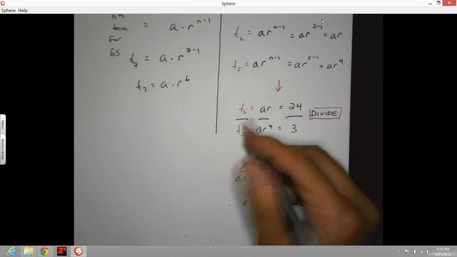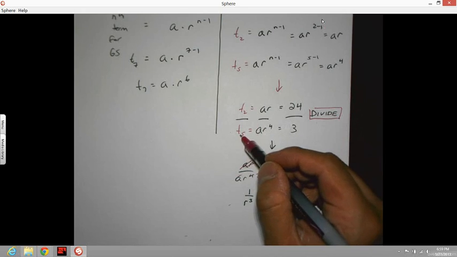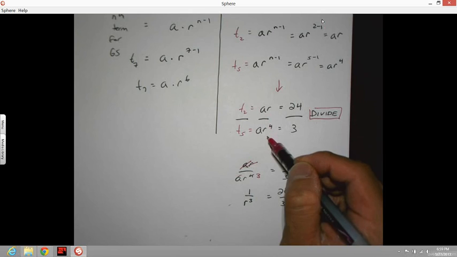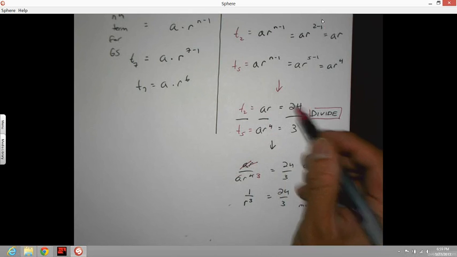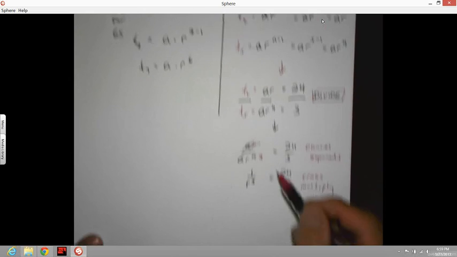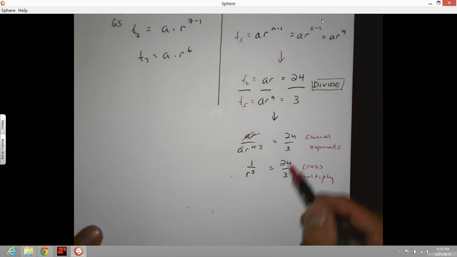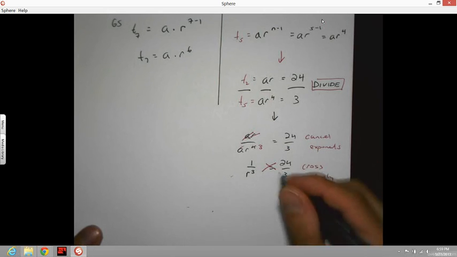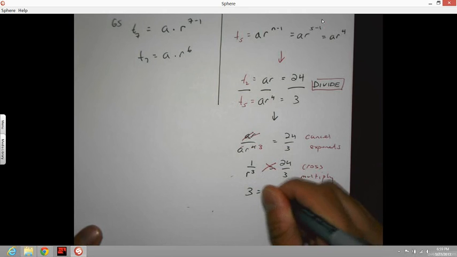I put a division bar here. I took T2, I divided it by T5. And T2, you know here, is AR. I divided by AR to the 4th power. And I know that T2 is also 24. I divided it by 3, which is T5. So what I did was essentially take this ratio, 24 over 3, and I end up with something like this. After cross-multiplying, for those of you who don't know cross-multiplication, go find your middle school teacher and tell them that they didn't help you.